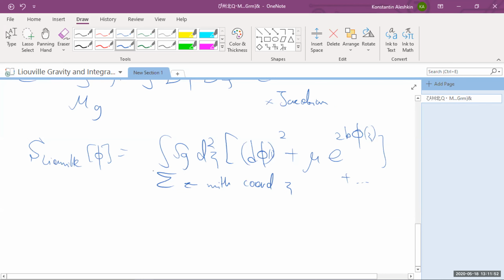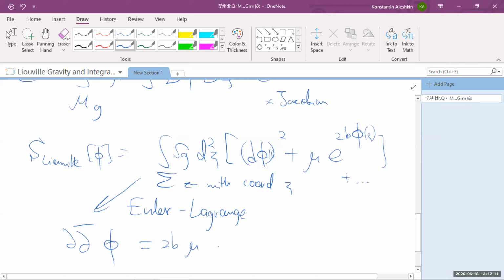So why I wanted to write this formula is because it's called Liouville theory, since the equations of motion. If I want to minimize this function, to find critical points of this functional, then the Lagrange equations tell that the equations of motion are just del bar of phi is equal to 2b mu exponent of 2b phi. Here I should maybe say, mu is a parameter of our theory.